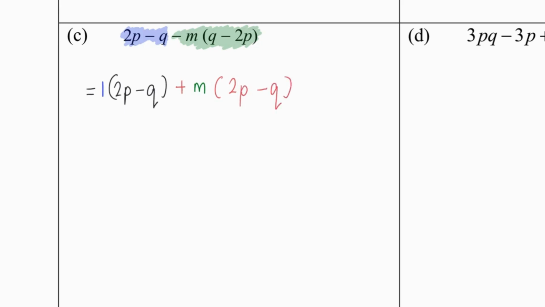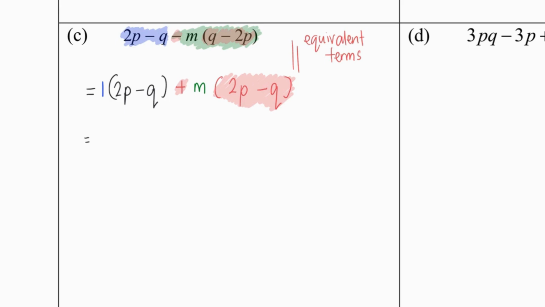Because Mr. Tan knows that positive 2p minus q and negative q minus 2p are equivalent terms or equivalent expressions.